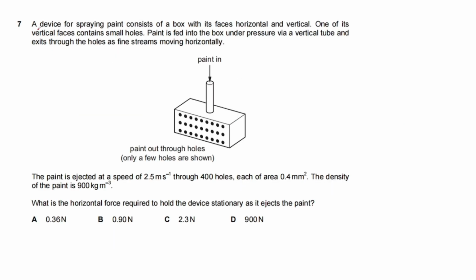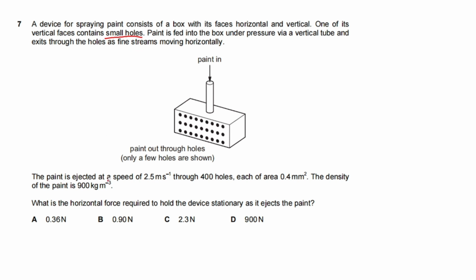Question number 7. A device for spraying paint consists of a box with its faces horizontal and vertical. One of its vertical faces contains small holes. Paint is fed into the box under pressure via a vertical tube and exits through the holes as fine streams moving horizontally.